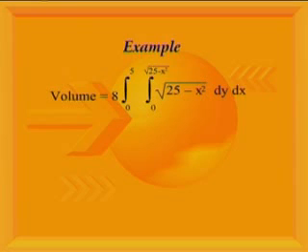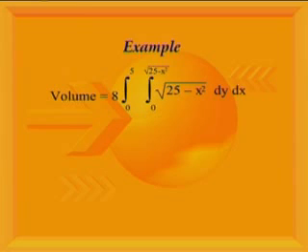The function which we are going to integrate, that will be x² plus z² is equal to 25, and from here we can find z is equal to square root of 25 minus x². So we will integrate square root of 25 minus x² first with respect to y and then with respect to x.